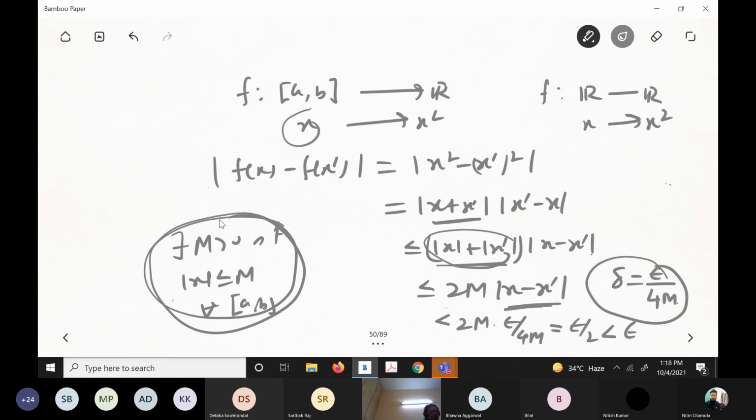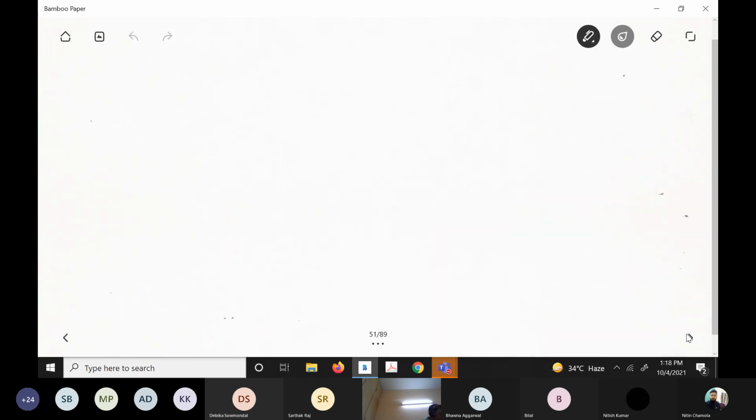Later, when I give the characterization, you can easily prove that. So uniform continuity depends on the domain also. Whenever you have a function, don't just go by the formula of the function. It depends on the domain and the range. So that is the definition.